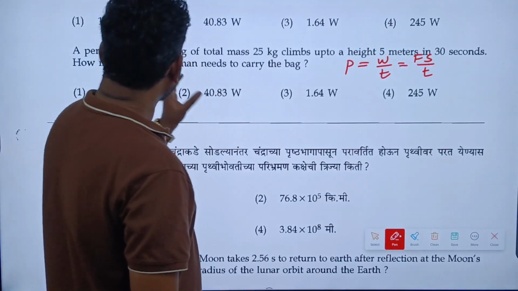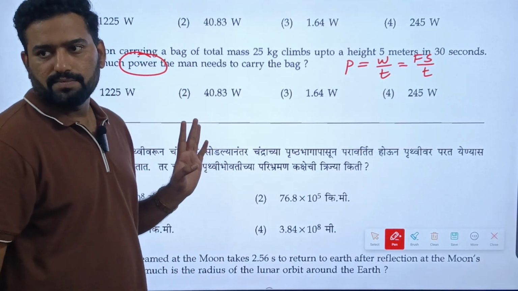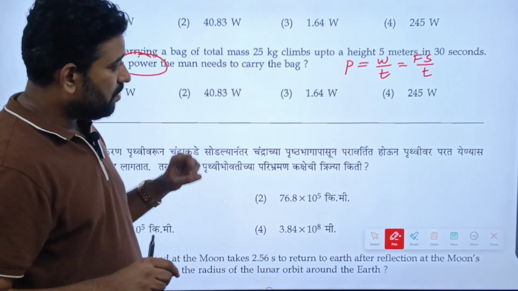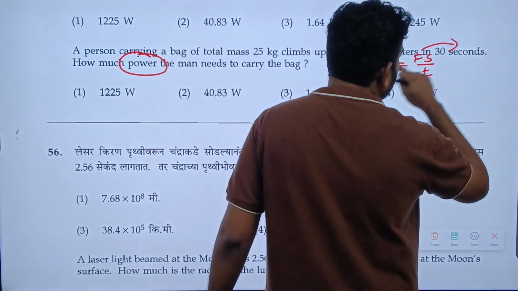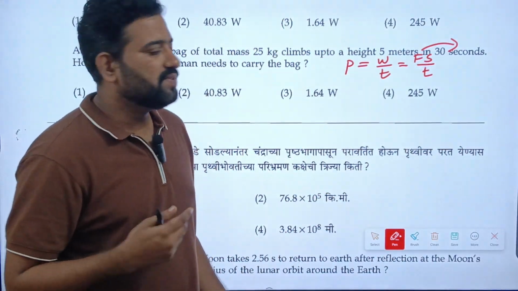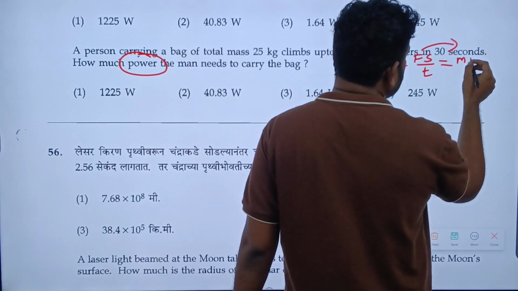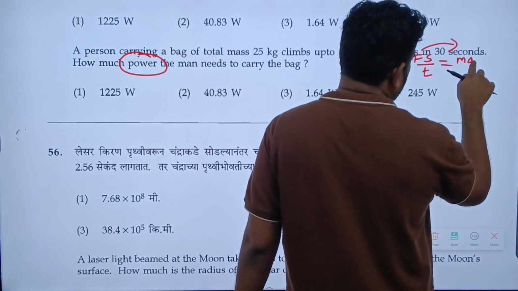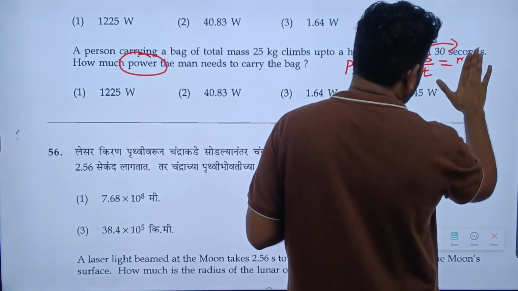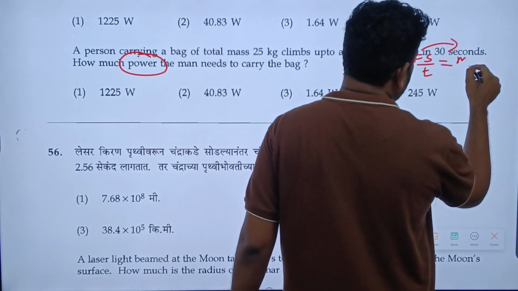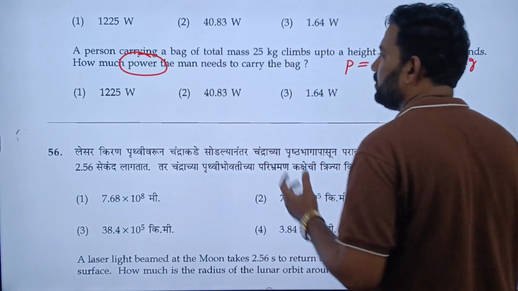But again, force is also not given. So what is the formula for F? F is equal to ma. In this case, ma is not applicable because acceleration is not given.